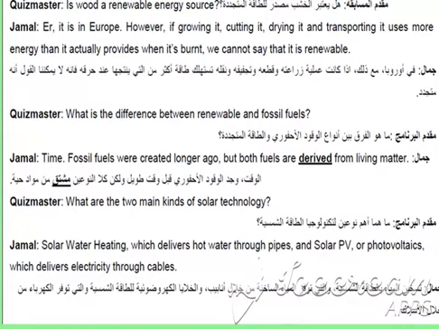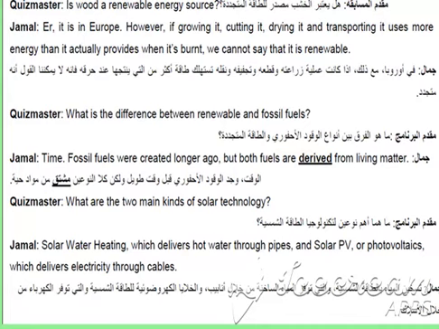It's the origin of many other sources of energy. It's also the most abundant renewable energy resource. Is wood a renewable energy source? It is in Europe. However, if growing it, cutting it, drying it, and transporting it uses more energy than it actually provides when it's burnt, we cannot say that it is renewable.